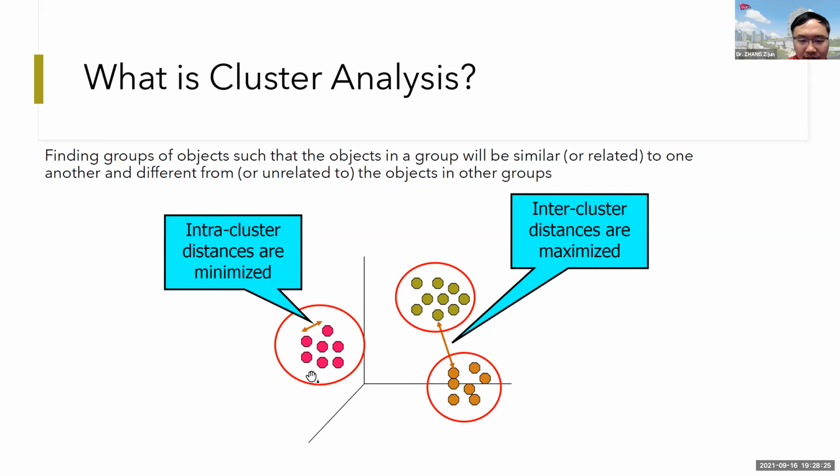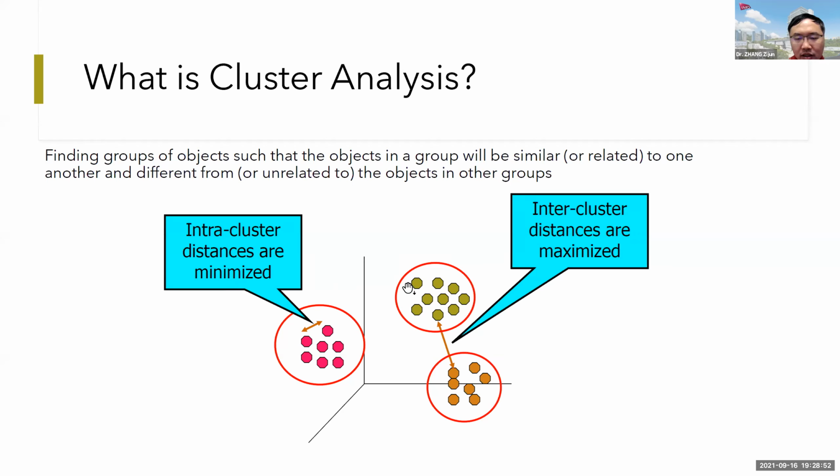In the first cluster, the intra-cluster distance means we pick data points within the cluster and compute their distances, for all pairs of data points inside this cluster, and take an average. This is called intra-cluster distance.